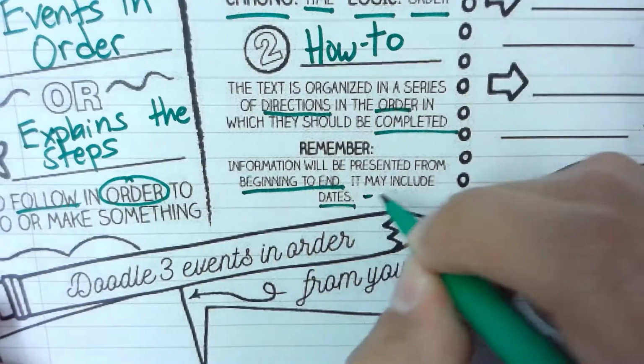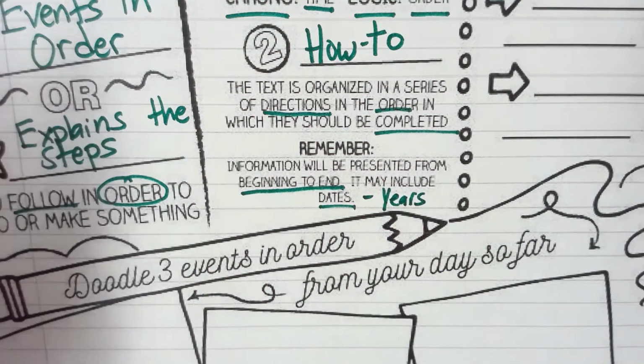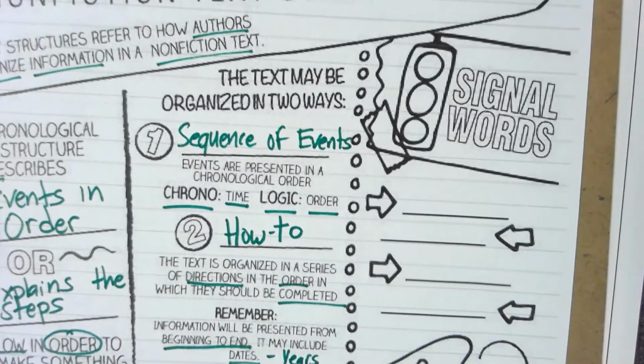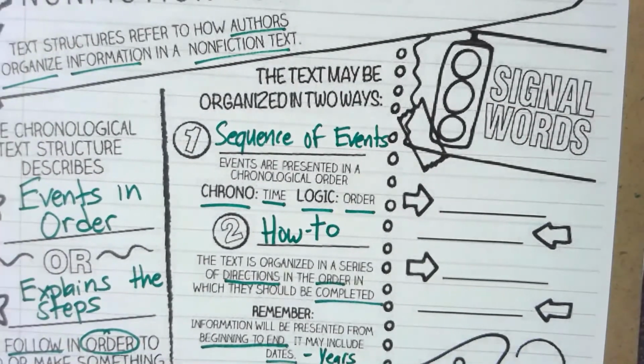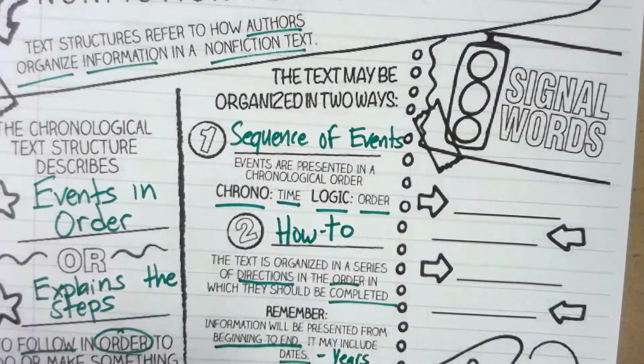So let's put years. The signal words that you use whenever you want to write something in chronological order, or if you want to figure out if the text is organized in chronological order, these are the signal words to use or to locate and find.